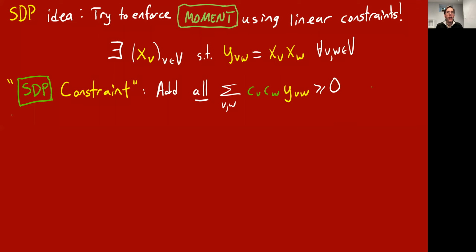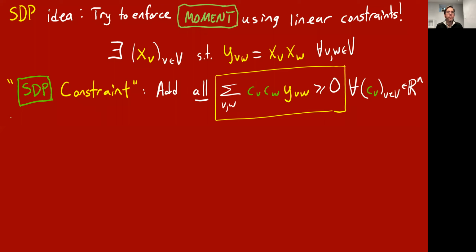So this is what we're going to imagine doing. If you recall, we set up some kind of system that exactly captured max cut. It was some linear program involving these variables y. And it exactly captured it if you threw in these moment inequalities.